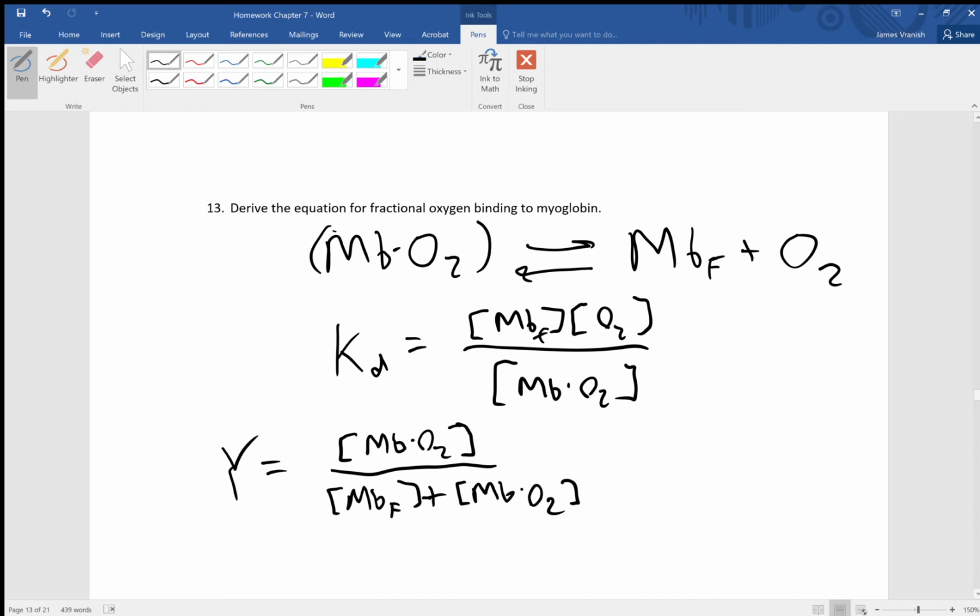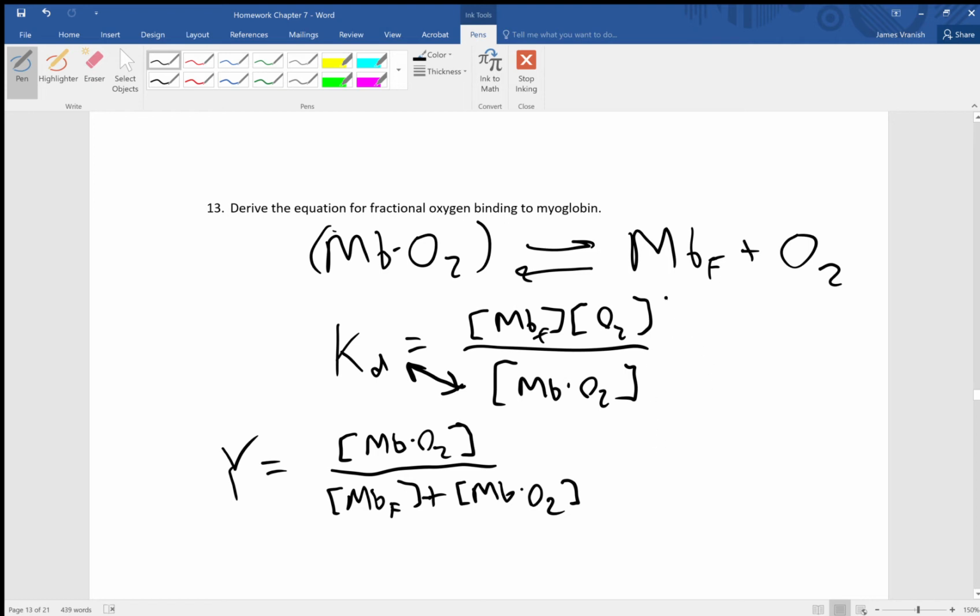Now what I basically want to do is cancel out or remove these myoglobin with oxygen bound terms. The way I'm going to do this is by cross multiplying our first equation, basically swapping the Kd and the myoglobin oxygen.